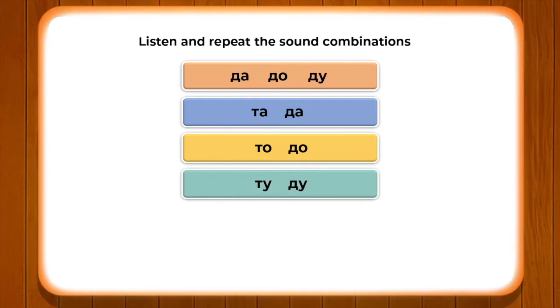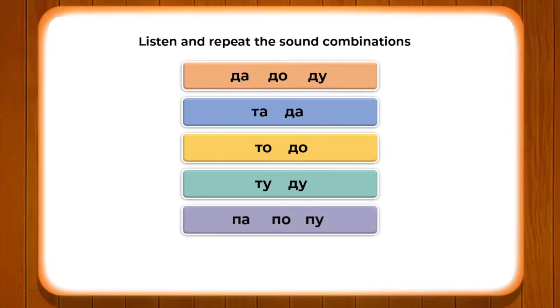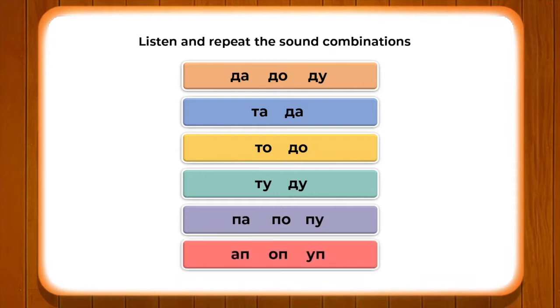Now we are going to have an exercise with different letters and combinations of vowels and consonants, where we will see how the sound structure changes. So, we have pa, po, pu, ap, op and up.